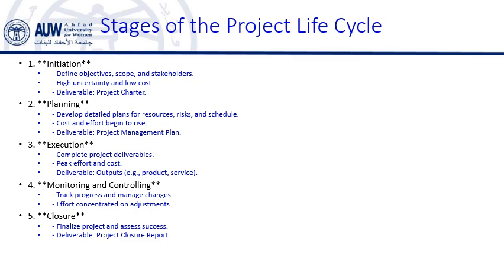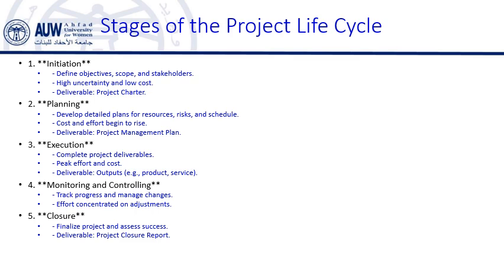Effort and cost at this stage are low. Most of the work involves planning, gathering information, and setting objectives, while uncertainty in this stage is high because the full scope of the project is not yet clear.